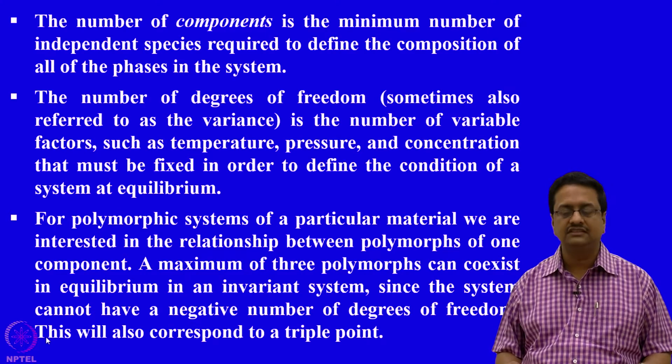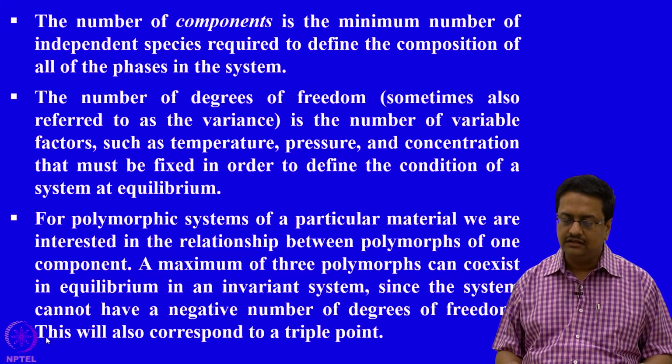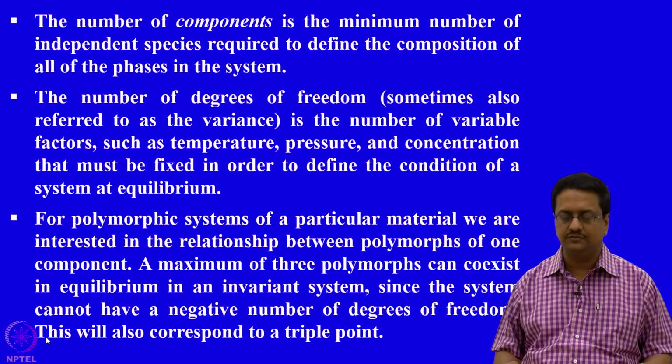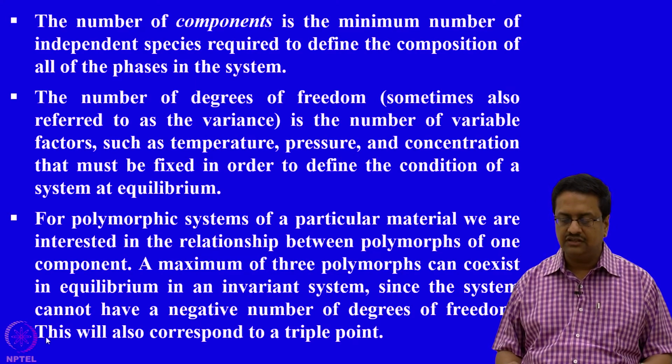So, for polymorphic systems of a particular material, we are interested in the relationship between polymorphs of one component. A maximum of 3 polymorphs can coexist in equilibrium in an invariant system, and since the system cannot have a negative number of degrees of freedom, this will also correspond to a triple point.